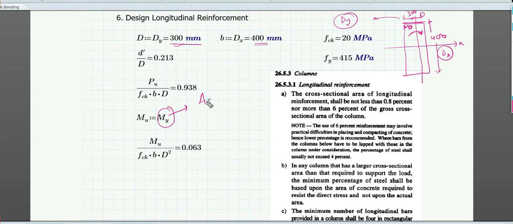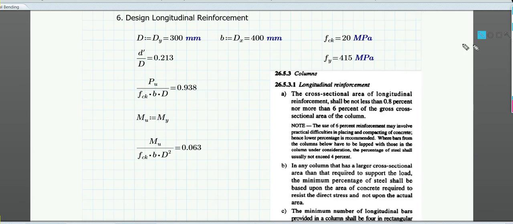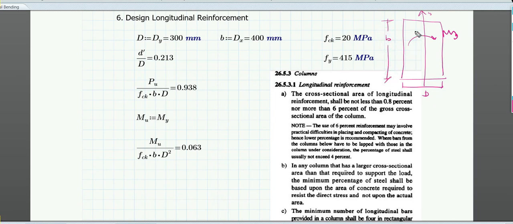So which axis are we interested in? We are interested in the axis y. So let's draw it again, only with the y axis. So this is the y axis, your moment My is acting over here, this is the D and this is the b.